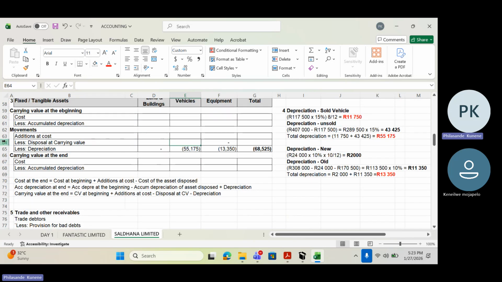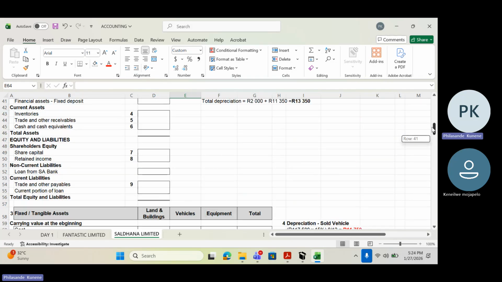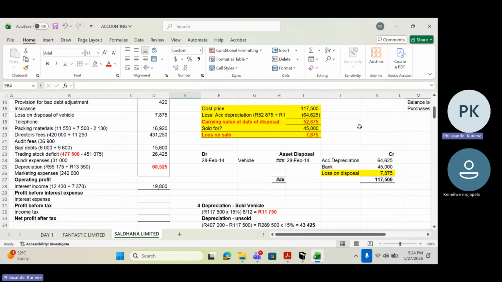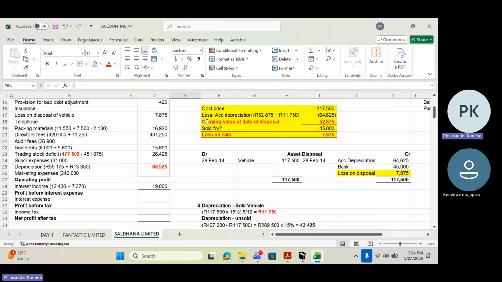The reason we say less disposal at carrying value is because I need the carrying amount of the vehicle disposed. So we need to go to the asset disposal account and get the carrying value. How much was the carrying value at the date of disposal? If you look here, we did calculate it. We got 52.